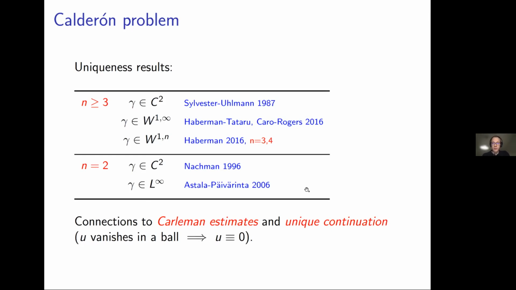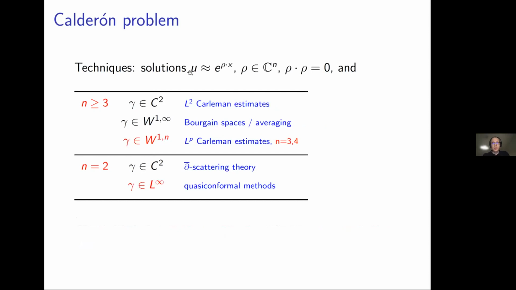Okay, and let me very quickly tell a little bit more what kind of mathematics goes into these results. These results use solutions of the conductivity equation which look like harmonic exponentials e^{ρ·x}, where ρ is a complex vector satisfying a condition so that this is harmonic. So for the C^2 result, one of the key ingredients is an L^2-based Carleman estimate.